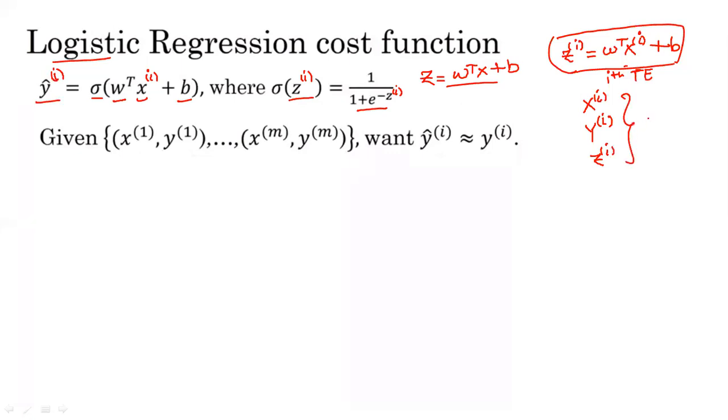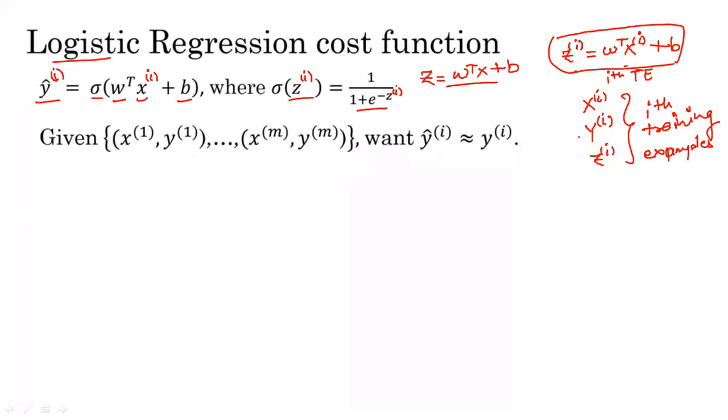These are all the notations that you would use for the ith training example. I have very specifically introduced these notations so that there will not be any confusion in the further video lectures.